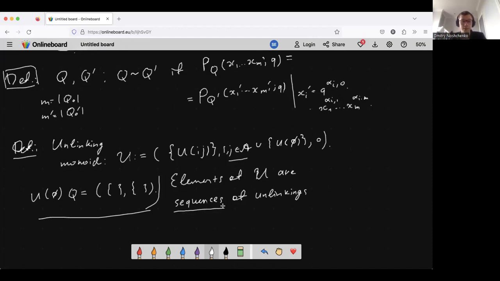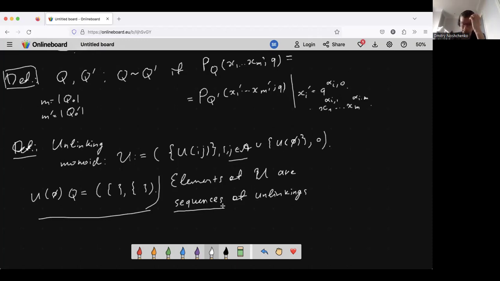In principle, now we can study the structure of this monoid without referring to a specific quiver, which is a big advantage, and it allows us to uncover many interesting properties of unlinking.